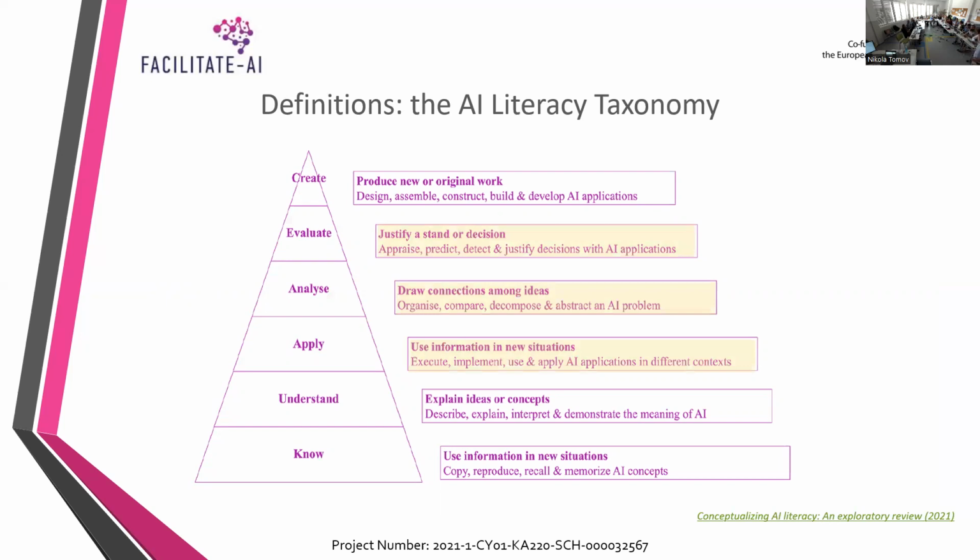Okay, and for this module, we are going to focus on these three things: use information in new situations, because we have new situations, draw connections among ideas. We must share all together ideas about this, and justify a stand or a decision for all these things. Okay, if you achieve this and that, this module is okay, it's well structured and well designed and well implemented.